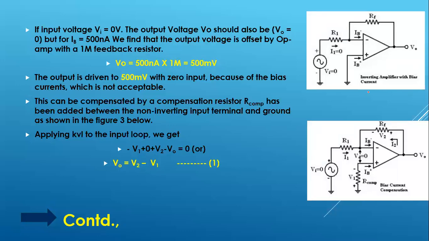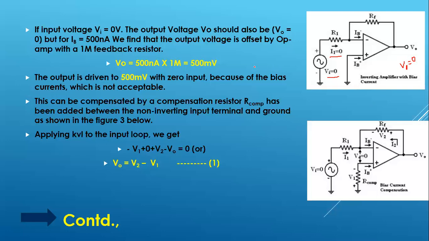Here we are going to consider the inverting amplifier circuit. In this inverting amplifier circuit, you apply an input voltage equal to 0. As the input voltage is equal to 0, the current I1 is equal to 0, and we should have the output voltage also equal to 0.